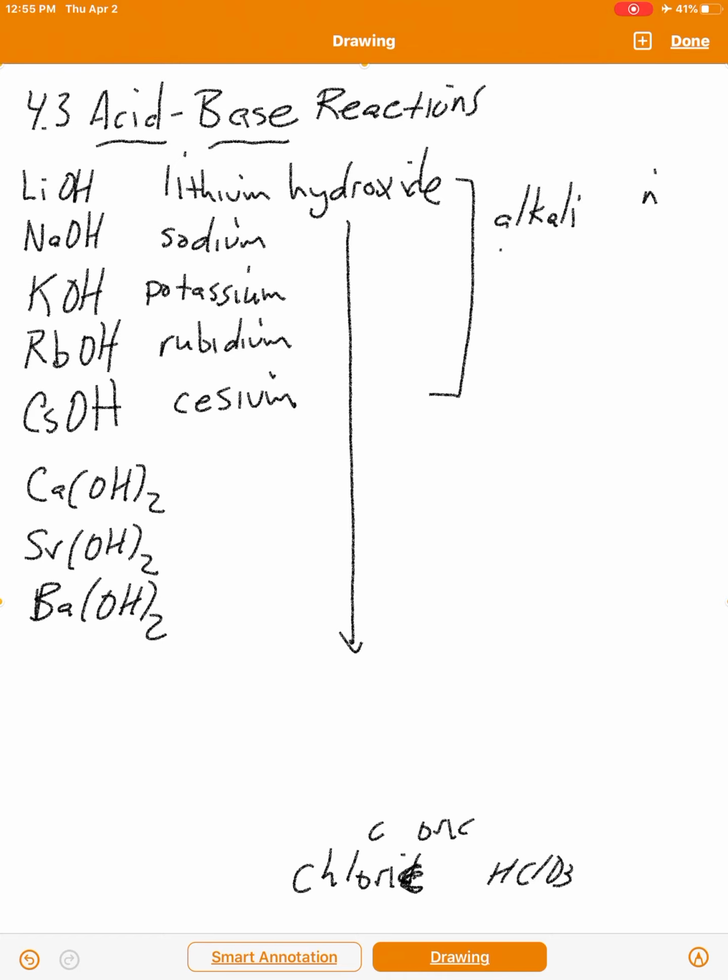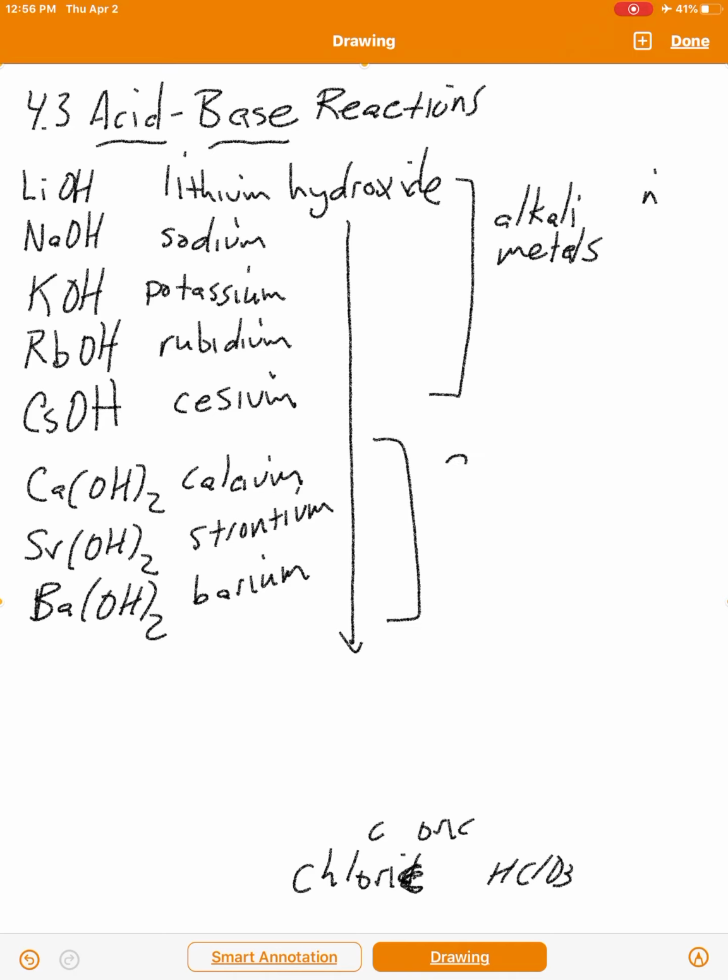Those are just the alkali metals. And then there's calcium hydroxide, strontium hydroxide, and barium hydroxide. These are 3 of the alkaline earth metals. Okay? So there are 8 strong bases.